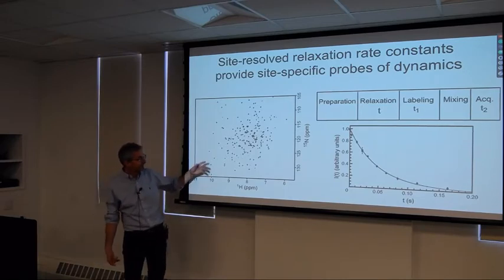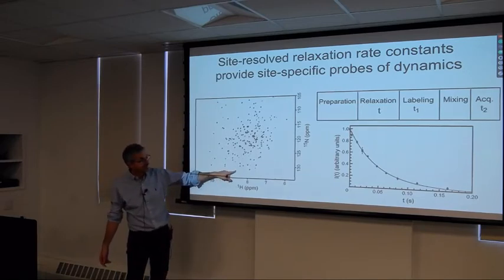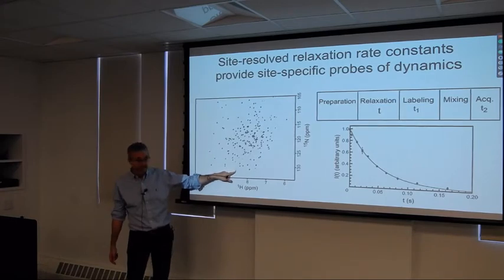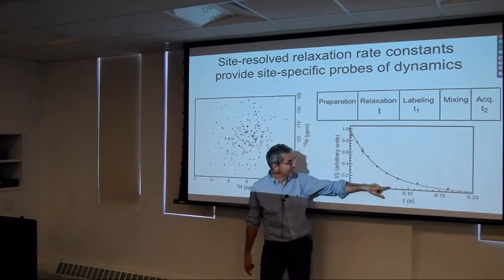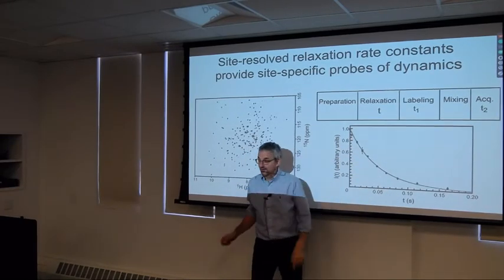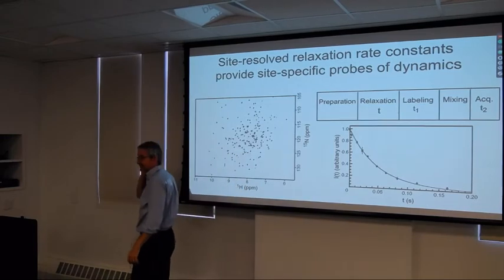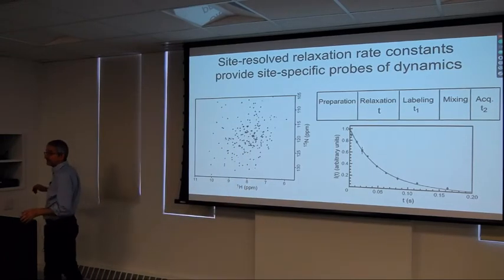So if we pick some peak, let's say this one, repeat the two-dimensional experiment over and over again with different values of T, measure the intensity in each spectrum, we can then plot the intensities versus T and then fit an appropriate equation to get the relaxation rate constants out.